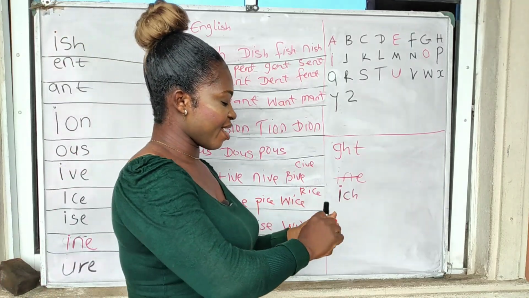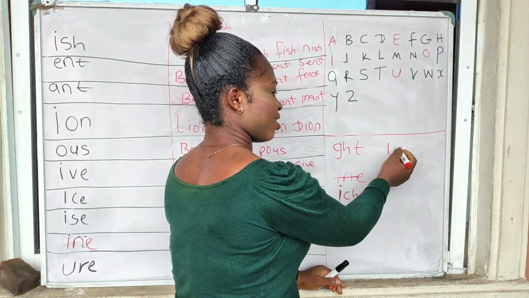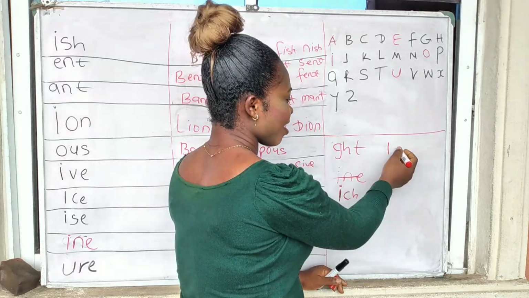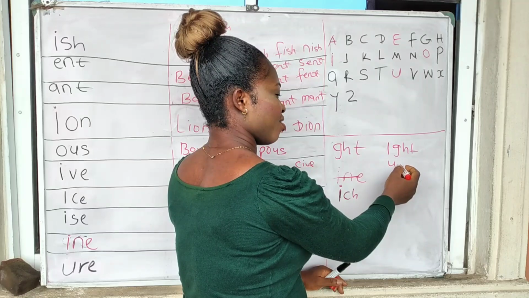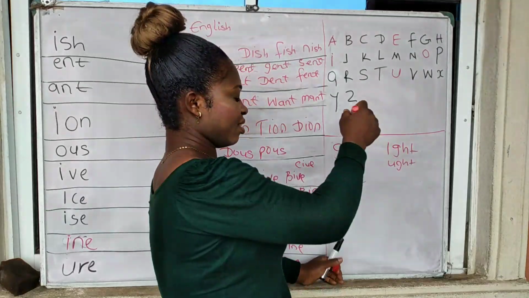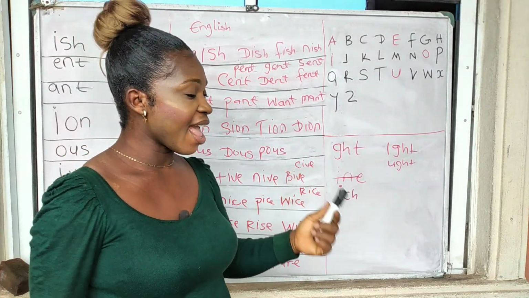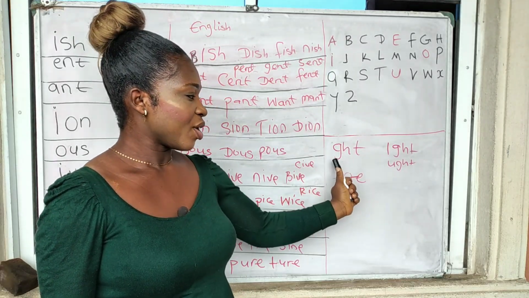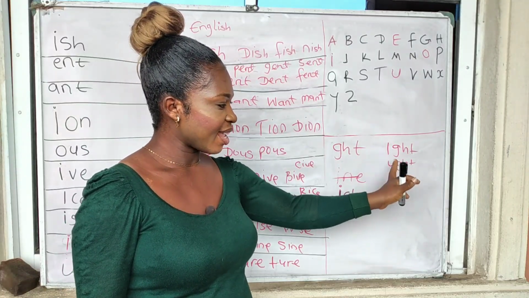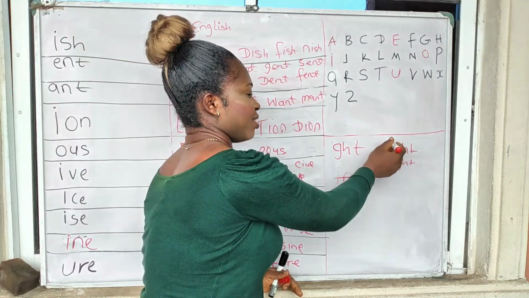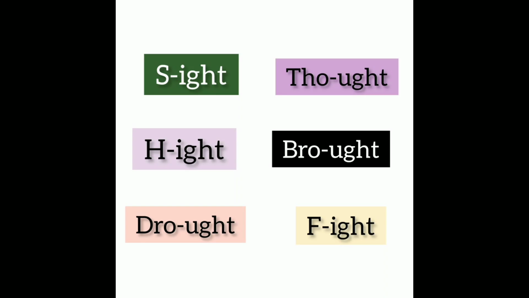For instance, you have I, G, H, T, you have ight, you can have U, G, H, T. These are usually what you find at the end of a word when you have this. Most of the time you have this I and U, okay? Yeah, this is it. All right, and we have sight, thought, height, brought, draught, fight.